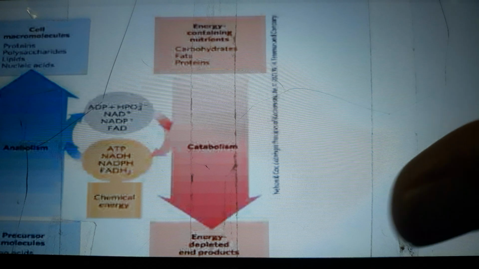So during the process of catabolism, ADP plus HPO3, NAD plus, NADP plus, and FAD plus are converted to ADP, NADH, NADPH, and FADH2. And energy is depleted, giving the energy-depleted products CO2, water, and ammonia. And when it undergoes anabolism, it produces ADP, HPO3, NAD plus, NADP plus, and FAD.